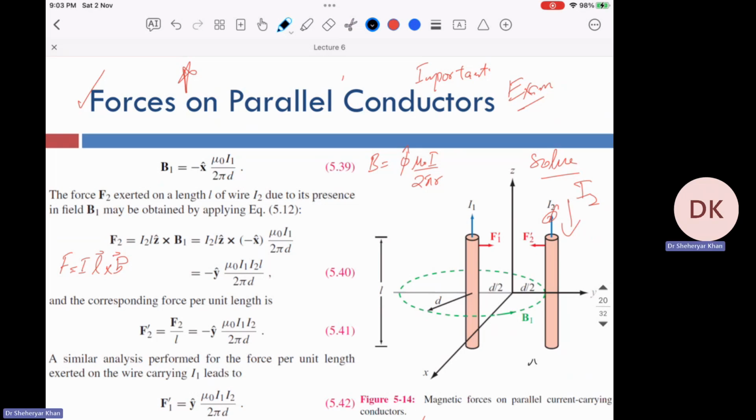Now, the field is going like this. Right. Only this part of the field is interacted with by this conductor. So you see the field is actually going down at the conductor. So it's going this way. So it's minus x. That's why we have minus x.